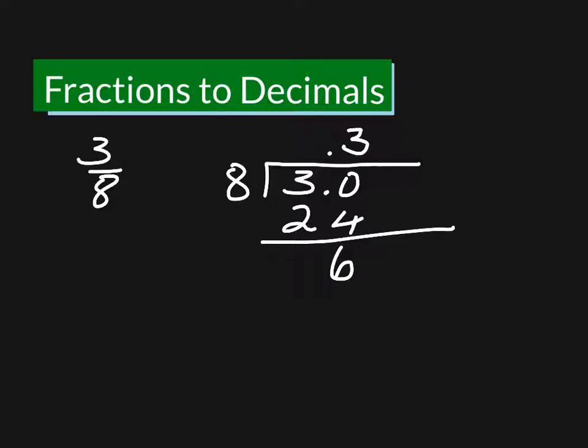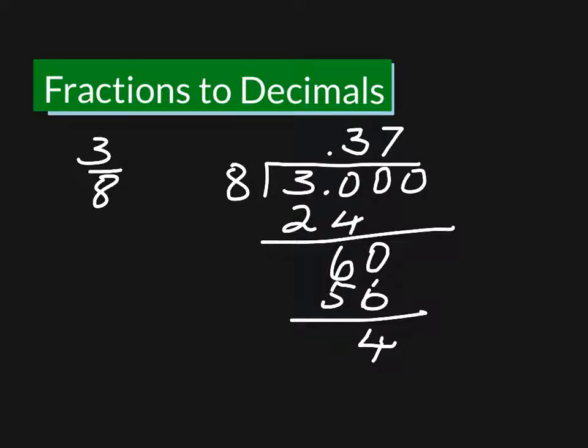And we're dividing decimals, so there isn't going to be a remainder. So we'll just add another 0 and bring that down. How many times does 8 go into 60? Well, you know that the answer is 7. And 7 times 8 is 56. So again, we subtract. We're going to get 4. So we can't have a remainder here.